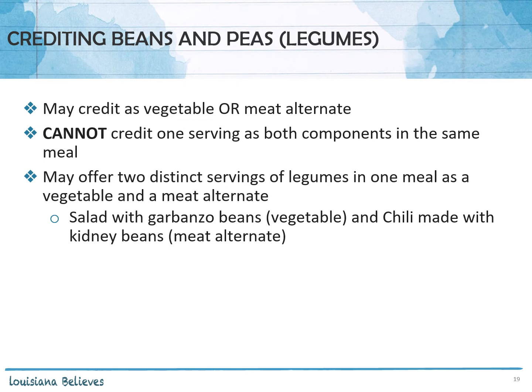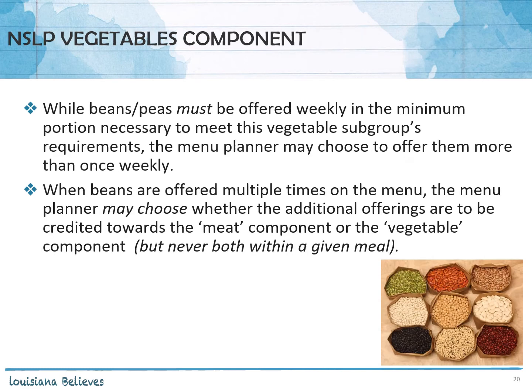If a meal includes 2 servings of legumes, the menu planner can choose to count 1 serving as a vegetable and 1 serving as a meat alternate. For example, a meal contains a salad with garbanzo beans and chili made with kidney beans. The menu planner may count the garbanzo beans as the vegetable component and the kidney beans as the meat alternate component.